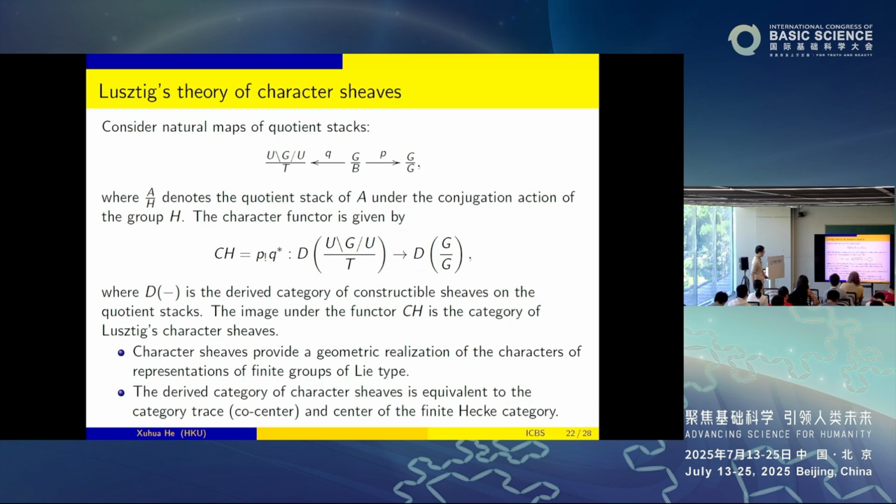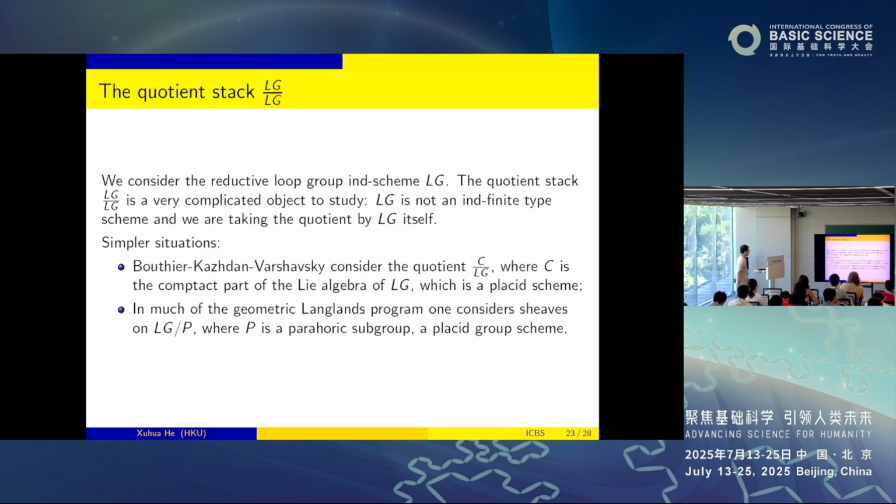When we go from finite to affine, there is a difference between the categorical center and the categorical cocenter. Now we want to move from the finite to the affine, and understand what happens for the analogous theory for loop groups.